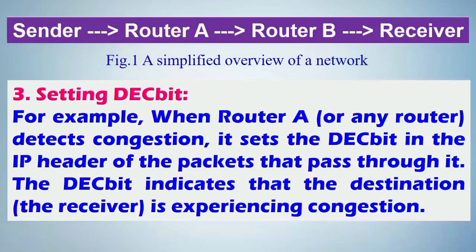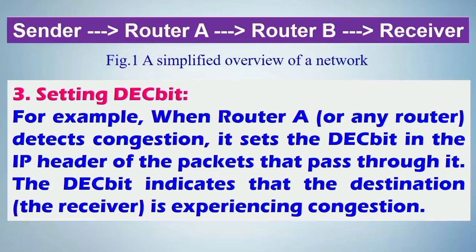Setting DECbit. For example, when router A or any router detects congestion, it sets the DECbit in the IP header of the packets that pass through it. The DECbit indicates that the destination, that is the receiver, is experiencing congestion.